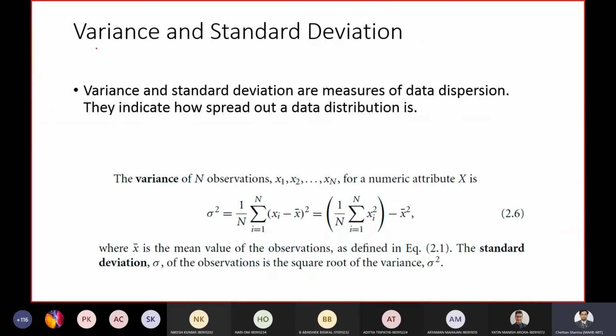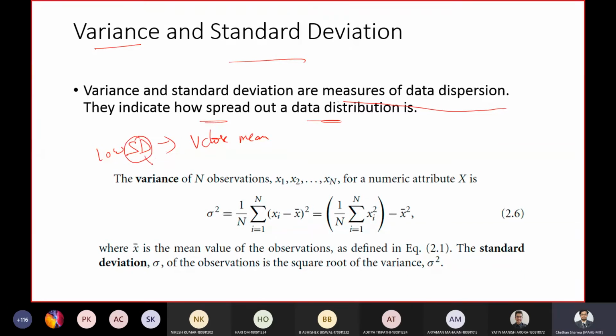The next two things which we'll be studying are variance and standard deviation. Again, as you know, these are measures of data dispersion. They usually indicate how the data is distributed or spread out. If the standard deviation is very low, you can conclude that the distribution is very close to the mean of the data.